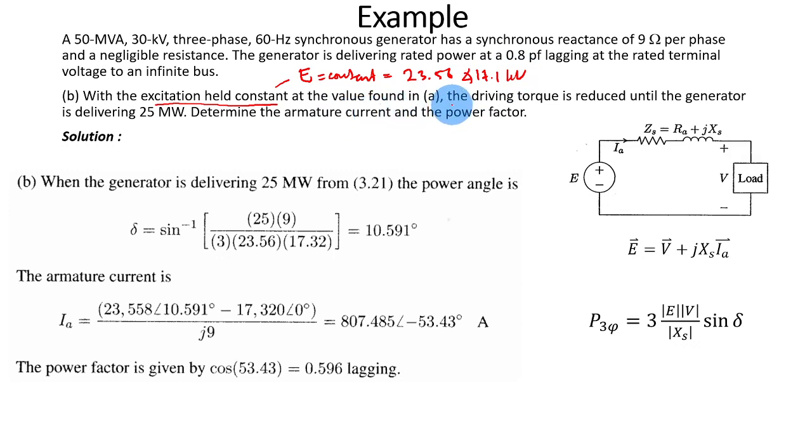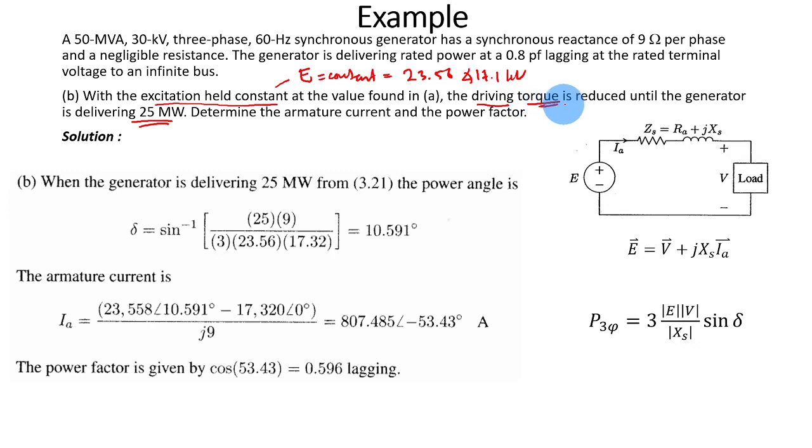Now the driving torque is reduced until the generator is delivering 25 megawatt. We know that the power can be changed by changing the torque. The driving torque means the torque from the prime mover.